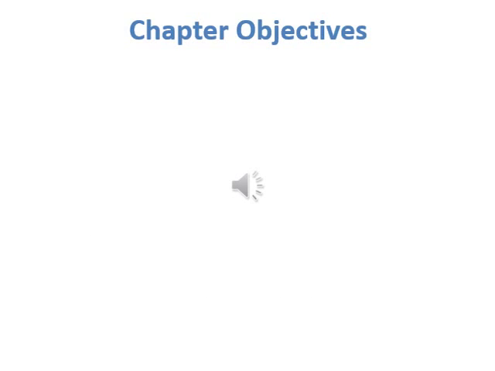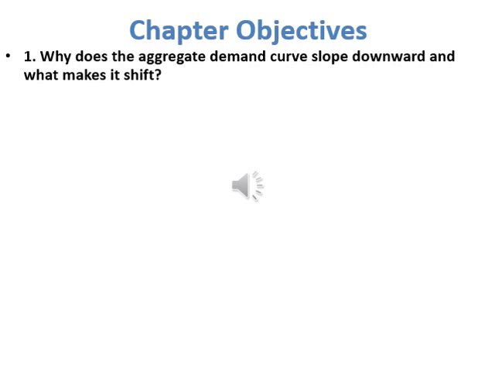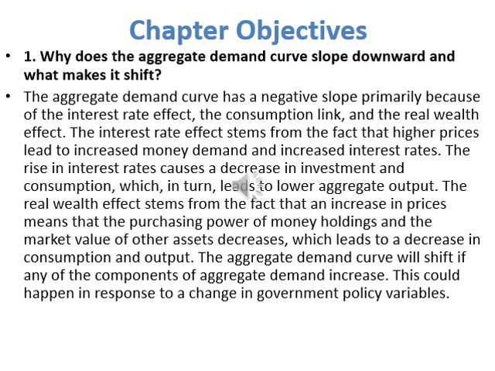The aggregate demand curve has a negative slope primarily because of the interest rate effect, the consumption link, and the real wealth effect. The interest rate effect stems from the fact that higher prices lead to increased money demand and increased interest rates. The rise in interest rates causes a decrease in investment and consumption, which, in turn, leads to lower aggregate output.